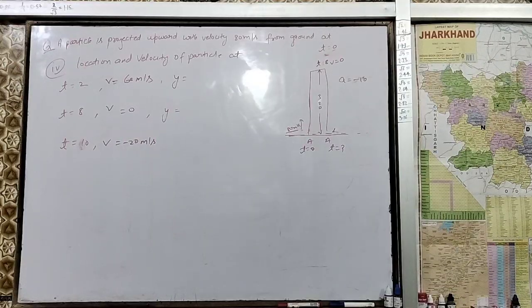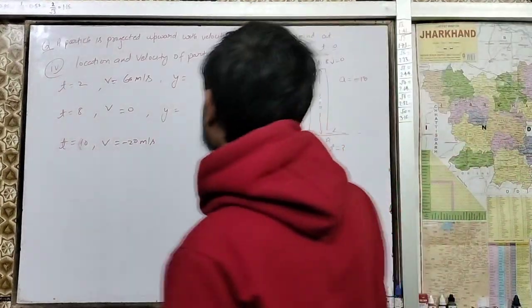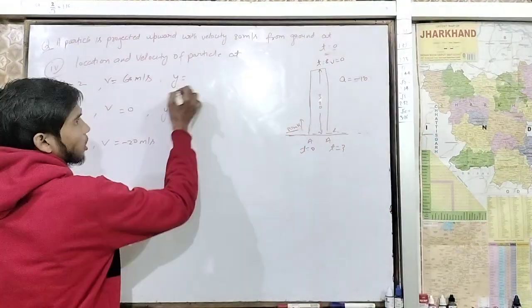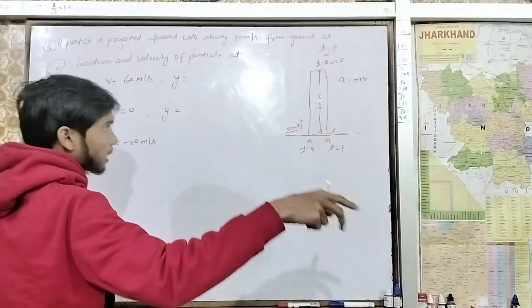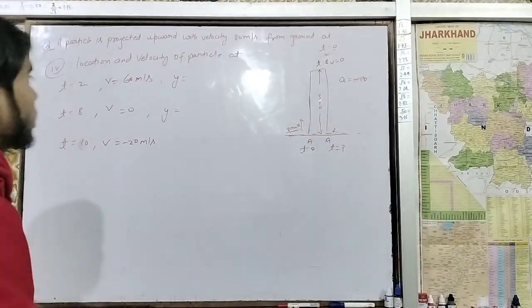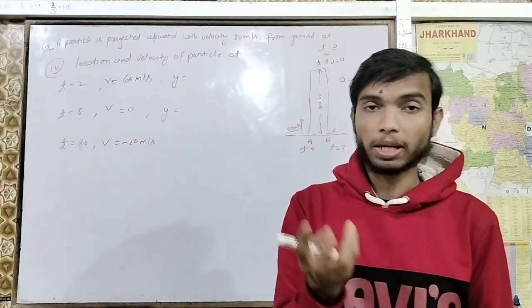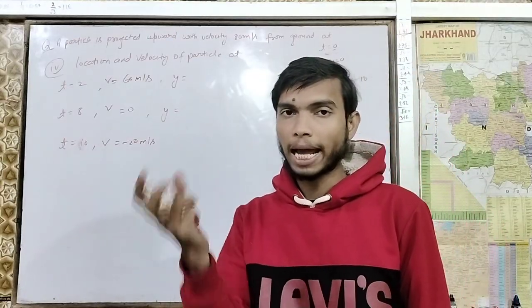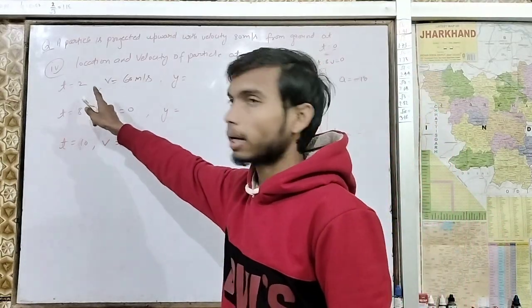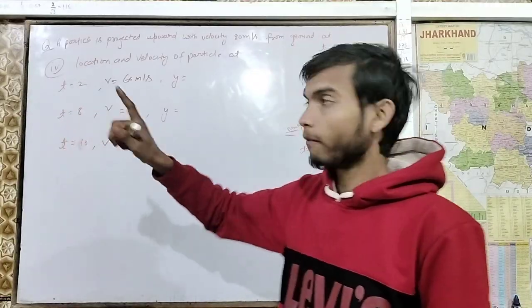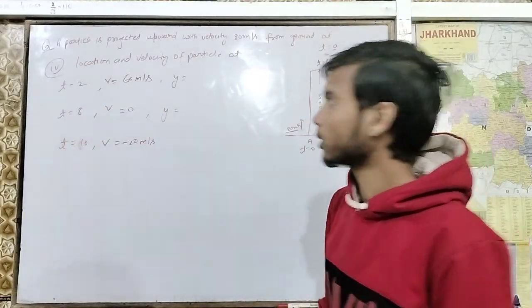Now let's see the location of the particle. For this location, we will have to use the second equation of motion again. We want to get the location of the particle at 2 seconds, where velocity is 60 meter per second.